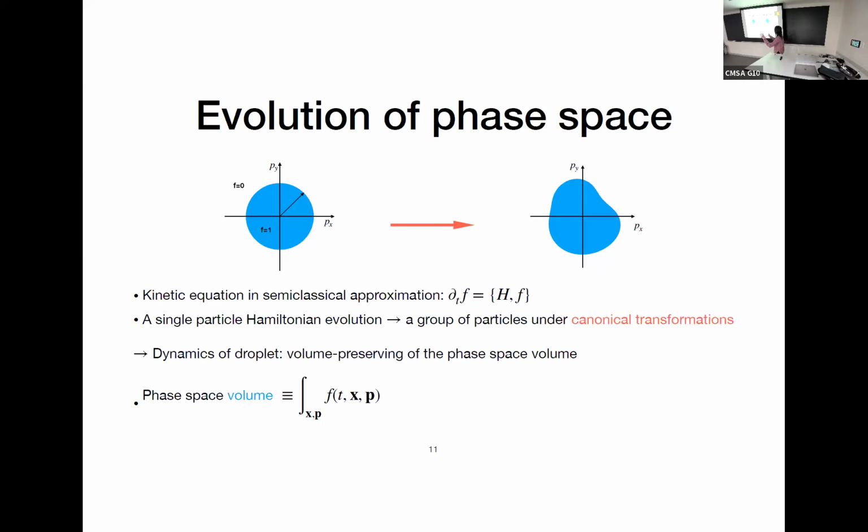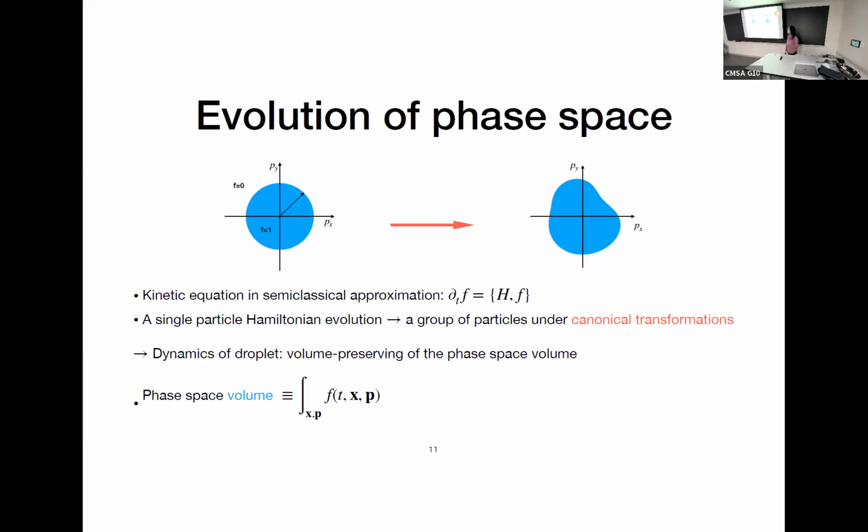And we think about the time evolution of this group of particles in some domain of fixed density, and describe this by the canonical transformation. So this is the dynamics of the droplet.